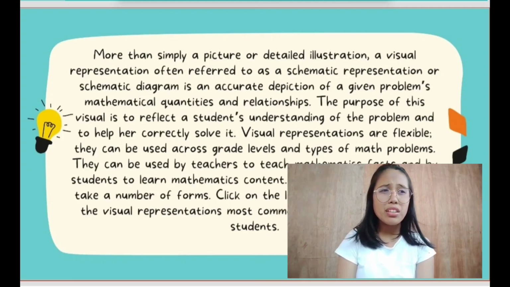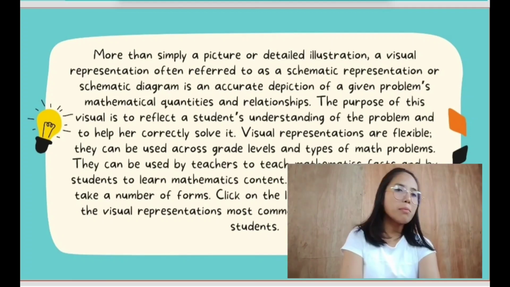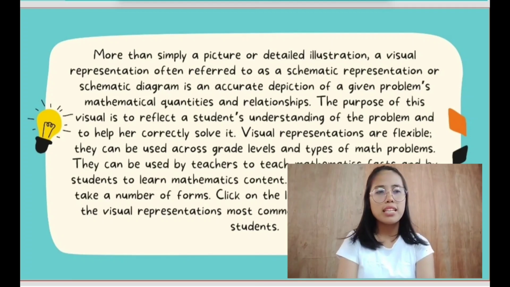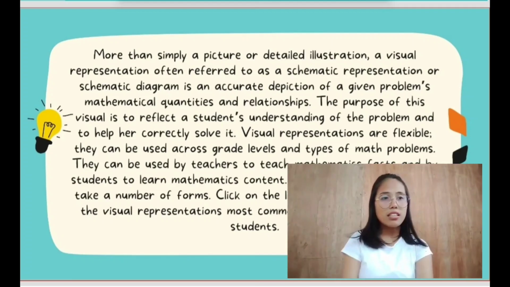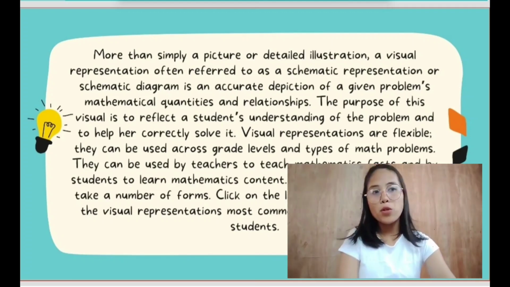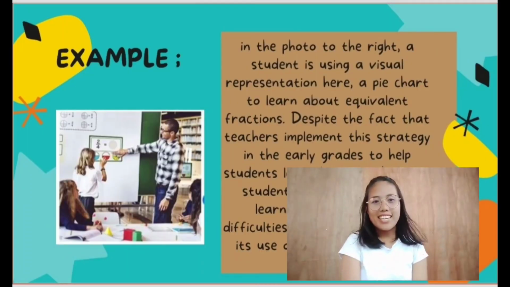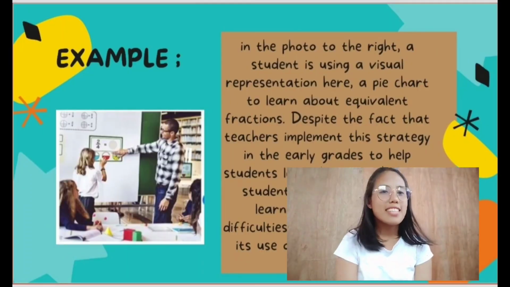So visual representation can also take a number of forms. Click on the link below to view some of the visual representations most commonly used by teachers and students. Okay, so here is an example of visuals and images.